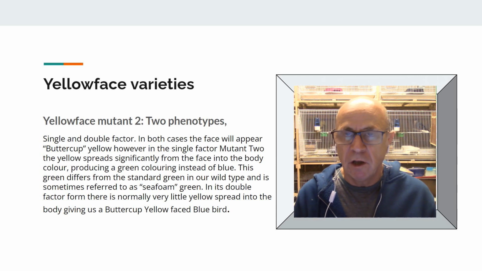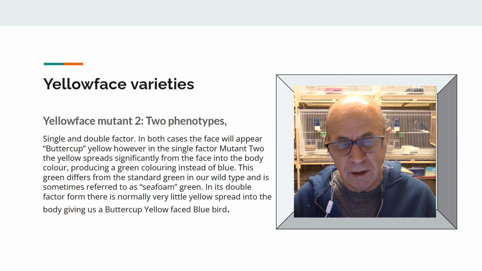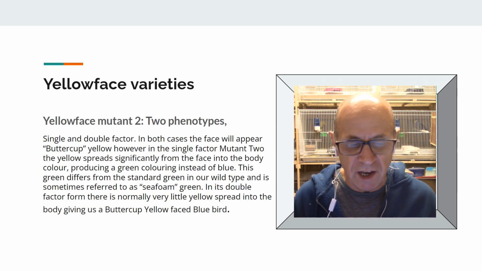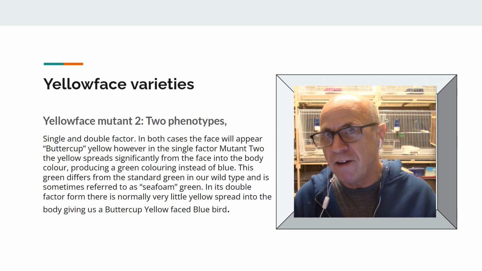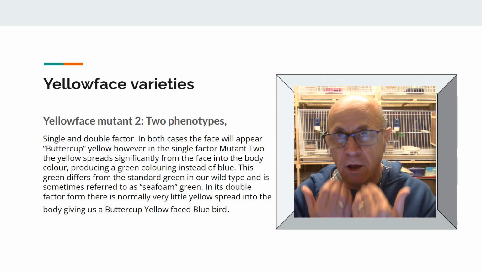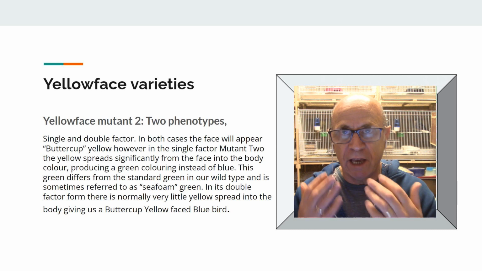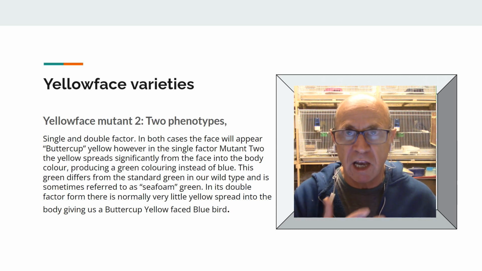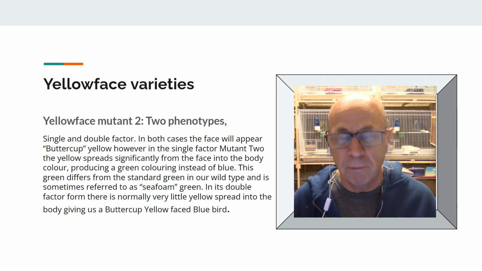of the body. In the double factor variety, it still produces the buttercup yellow face, but there is normally very little or no diffusion of the yellow from the face into the body. So we get that, similar to the Mutant 1, a clear distinction between the yellow and the blue of the body.